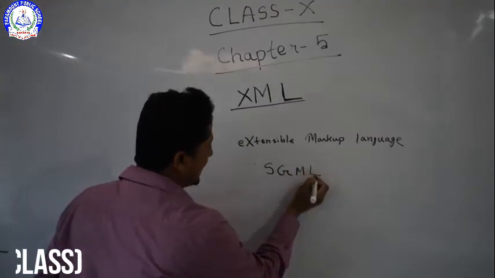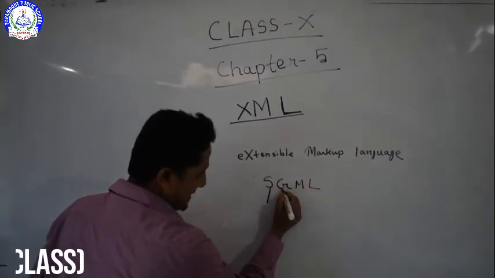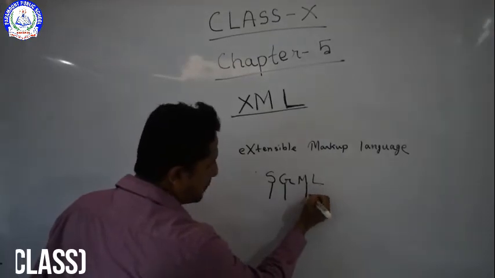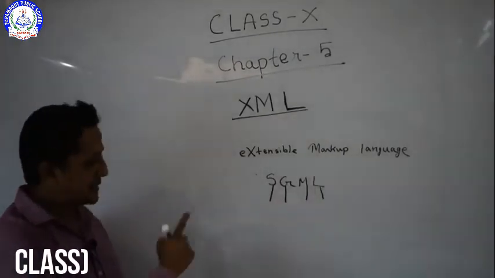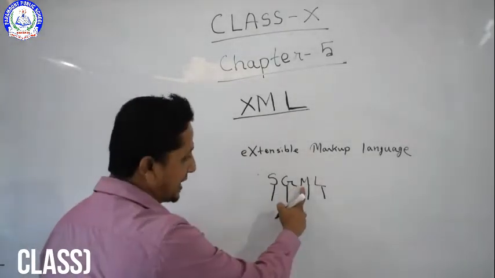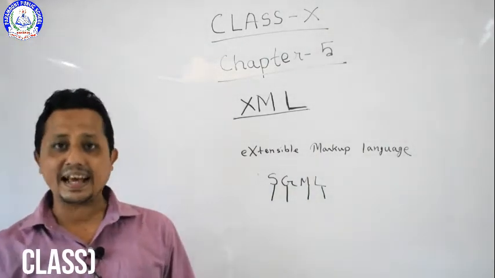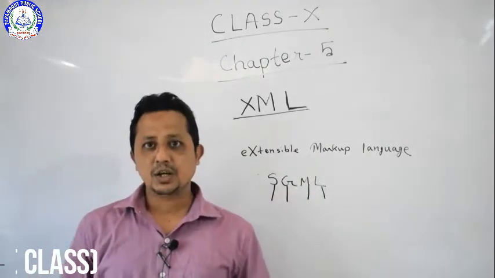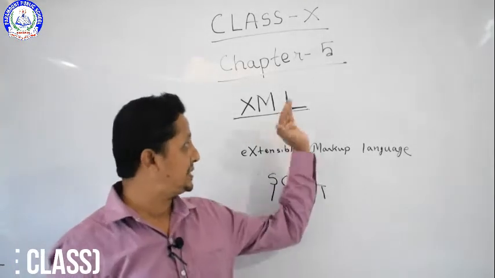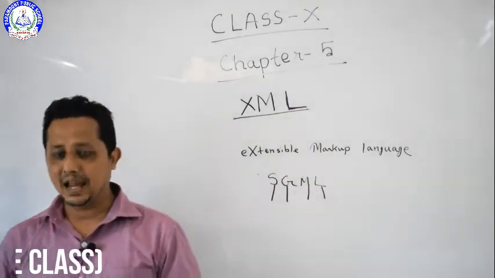SGML means Standard Generalized Markup Language, which defines some of the tags used in markup languages. So, XML is derived from SGML.